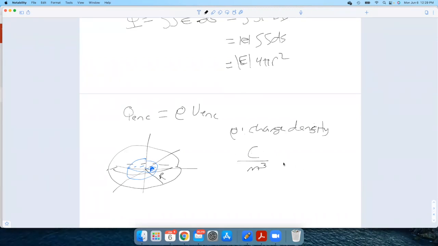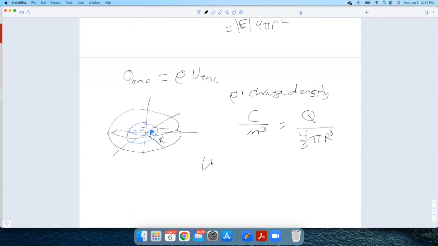So this is charge per unit volume for the entire sphere. And that's going to be the total charge divided by the total volume, the total volume of the entire thing. That's how dense the charge is packed into this sphere.